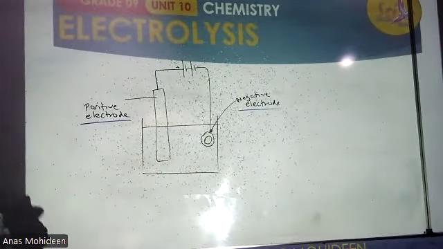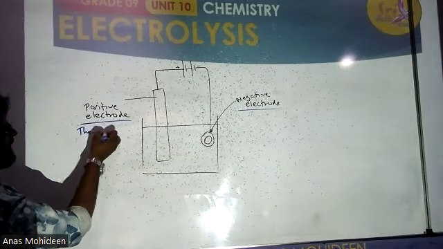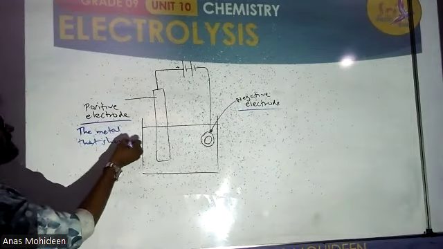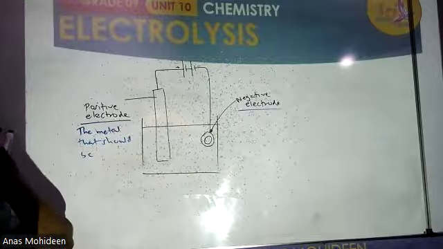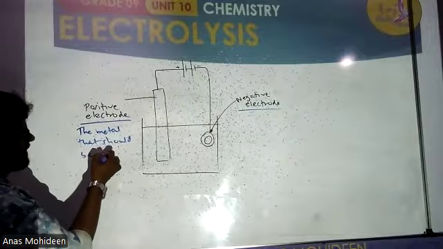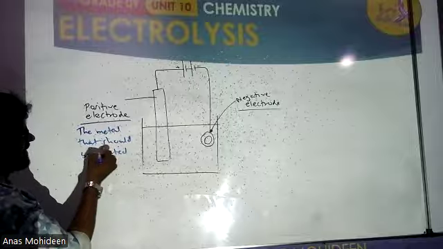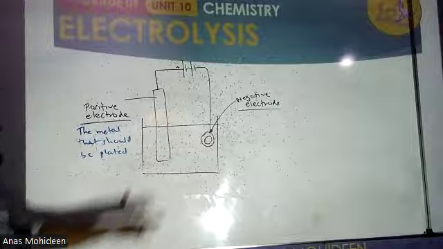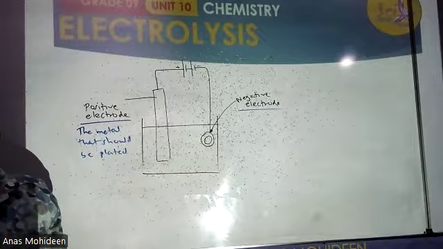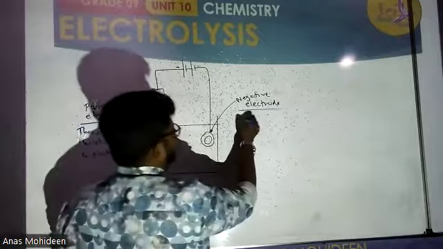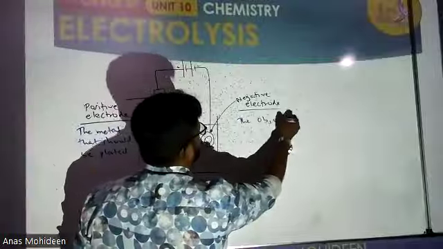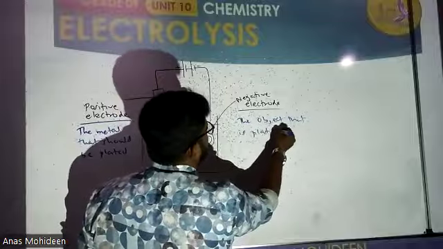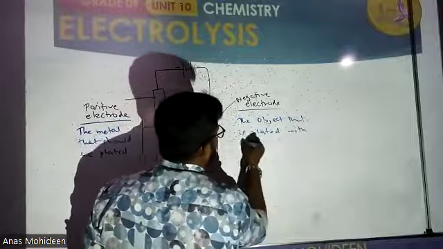So you see, the metal that should be plated is what we use at the positive electrode. Right? What is the negative electrode? The object that is plated with the metal.